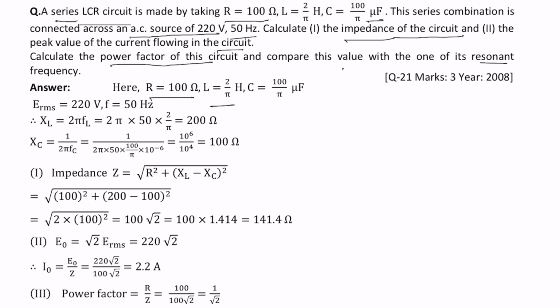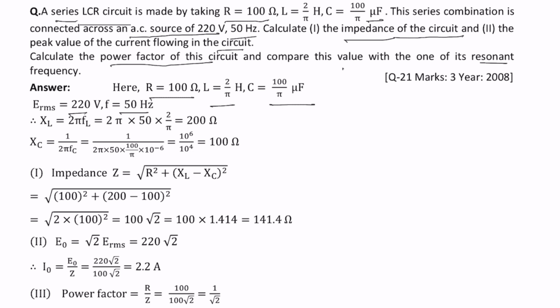Resistance is given, coefficient of self-induction L, the inductance of this coil, is given, and the capacitance is given. The EMF, that is the RMS, is given as 220 volt. Root mean square value of EMF is 220 volt and frequency is 50 Hz.